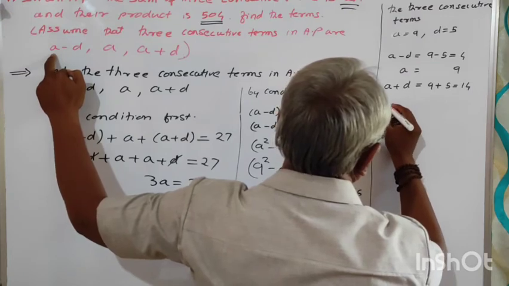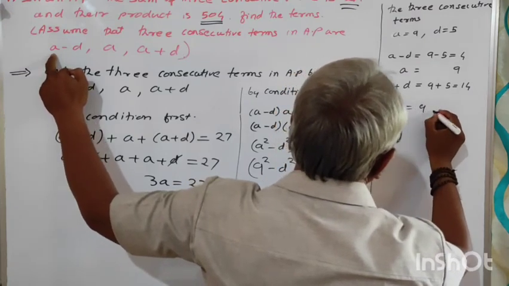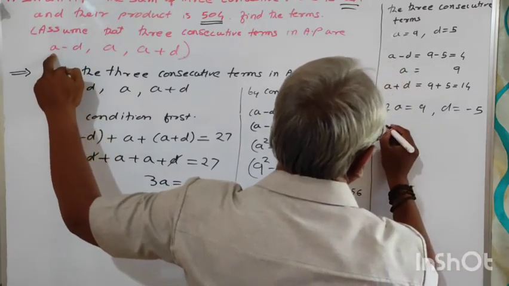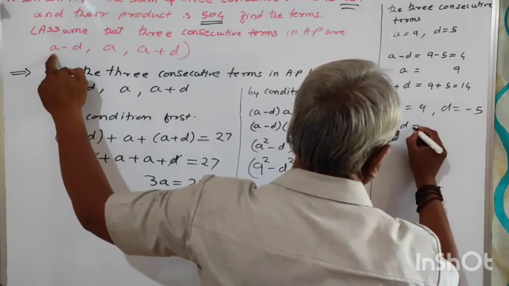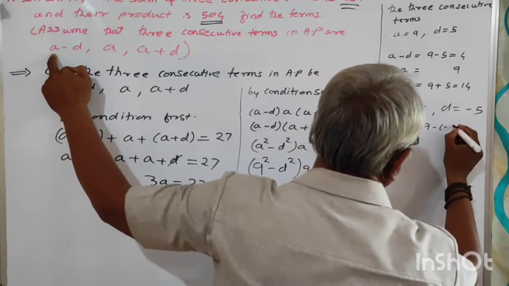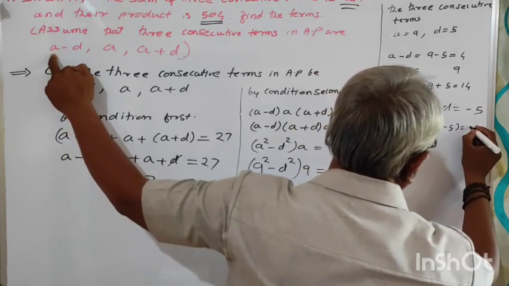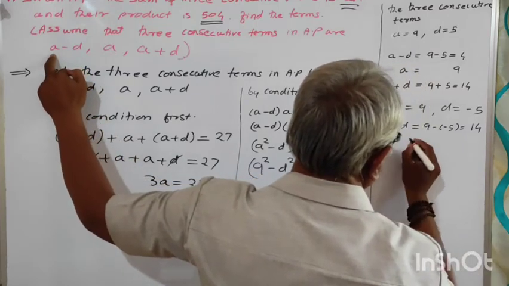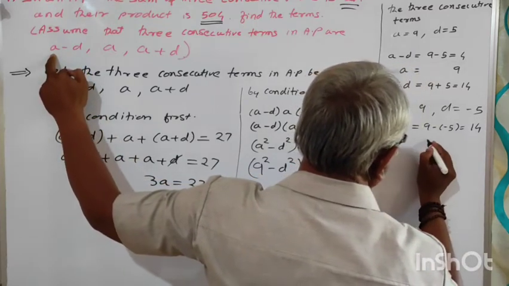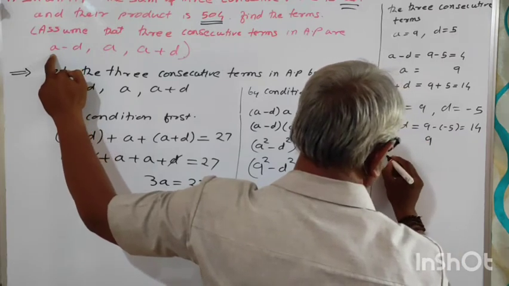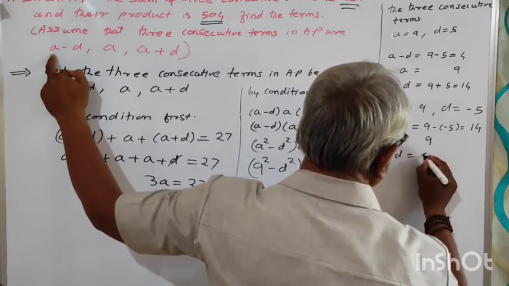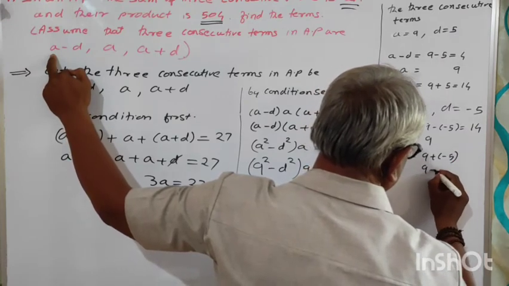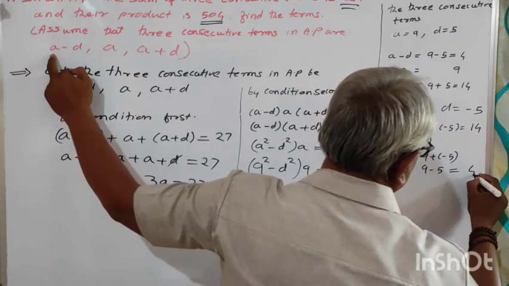If a is equal to 9 and d is equal to minus 5, at that time a minus d is equal to 9 minus minus 5, which is equal to 14. a is equal to 9. a plus d is equal to 9 plus in bracket minus 5, that is 9 minus 5, which is equal to 4.